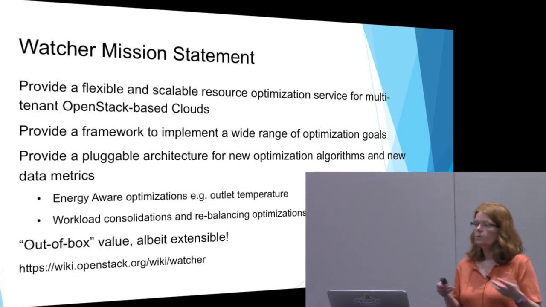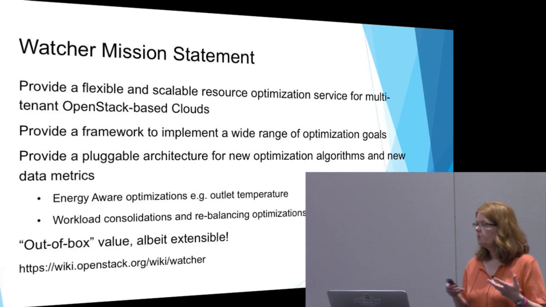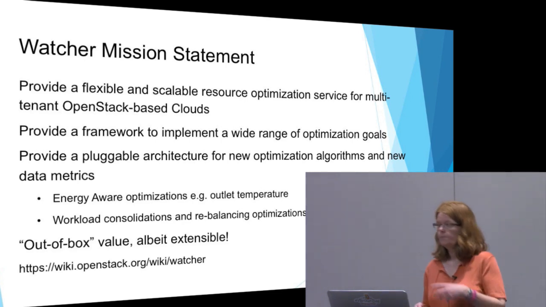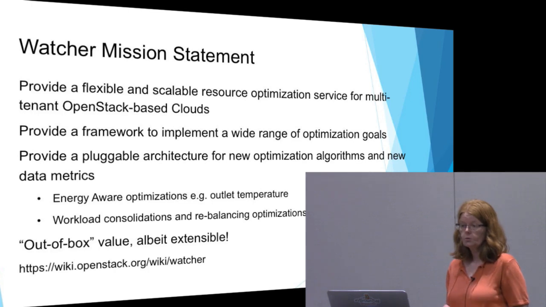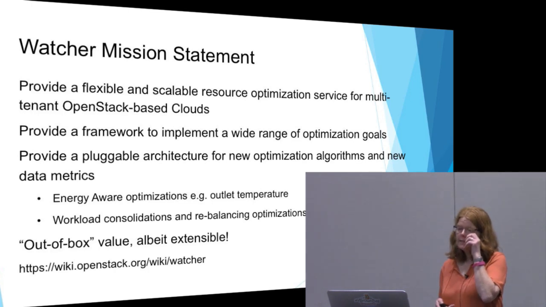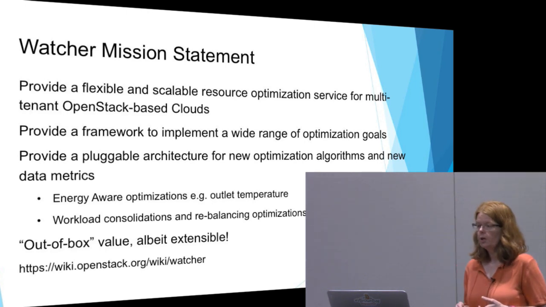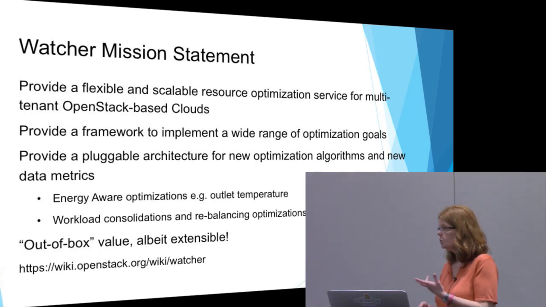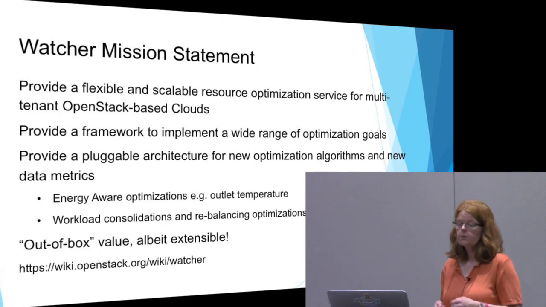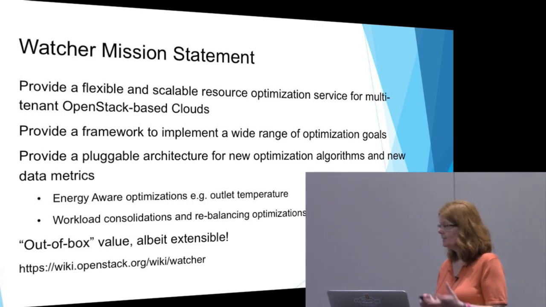So if you look at what we have in Watcher, it's really a framework to optimize your cloud for various goals, and it's pluggable. Right now, we already have out there on GitHub energy-aware optimization, for example, outlet temperature. We also have a different algorithm around VM rebalancing.